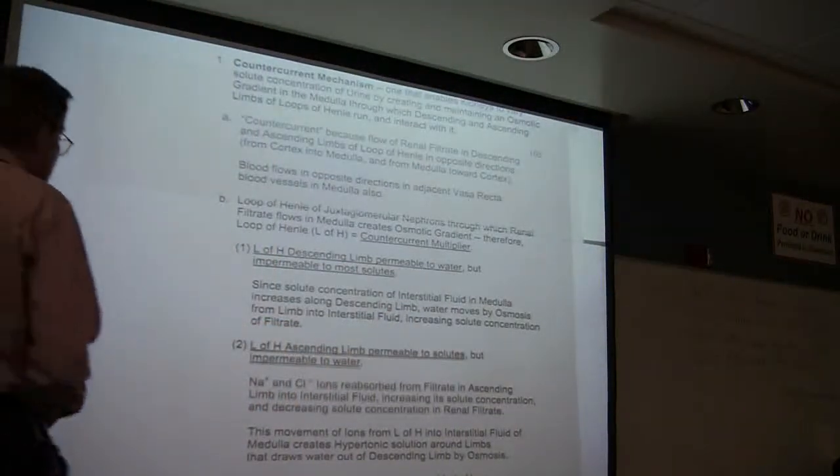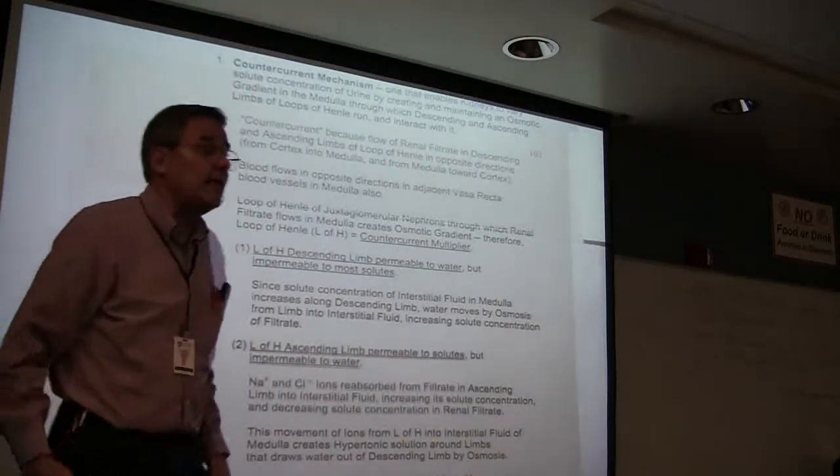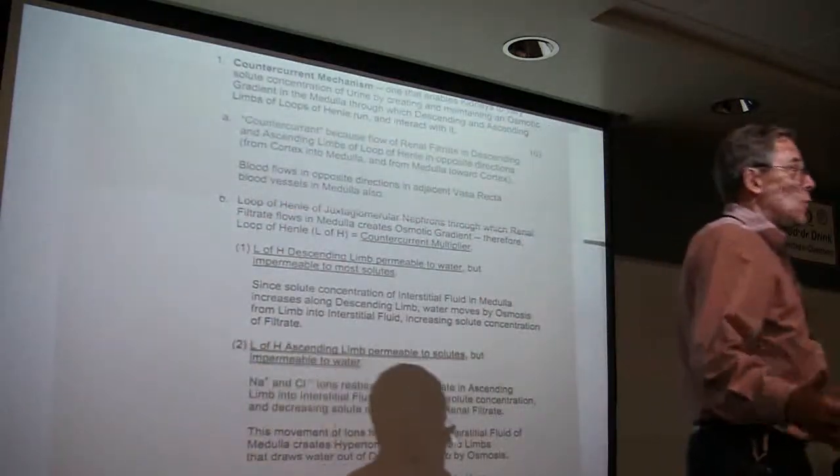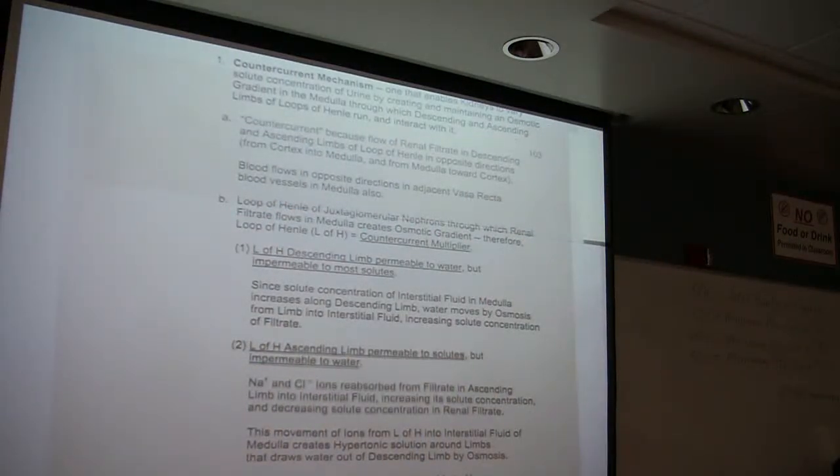And if you had nothing to counterbalance it, what would happen? Pretty soon, you'd have so much water that it no longer is a hypertonic environment. But since you keep pumping out sodium and chloride ions in the ascending limb, you just keep building up, or maintaining, that hypertonic environment.